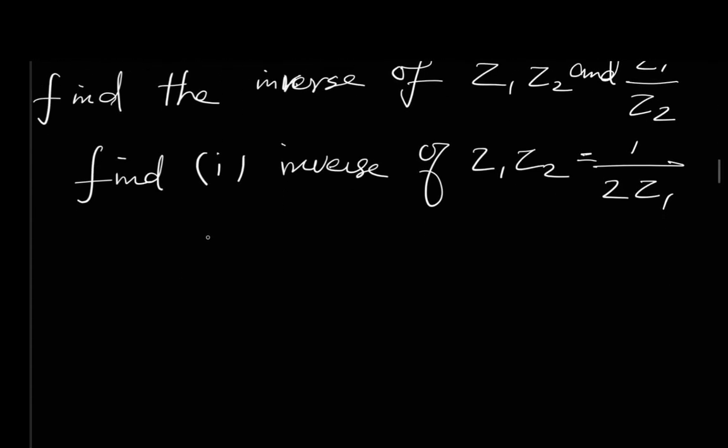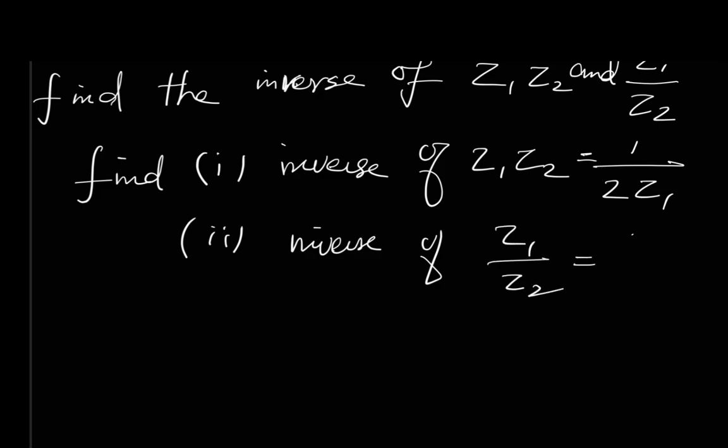This is inverse. Second one, inverse of z1 by z2 is reciprocal. So instead of writing 1 by, I write z2 by z1.